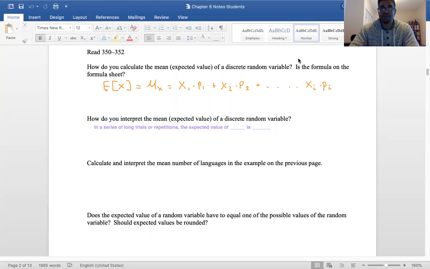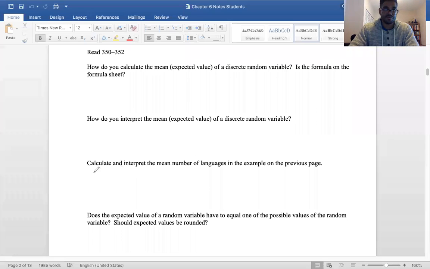And so if we go back to the example on the first page, with the languages, the expected value is going to equal 1, so one language, times its probability.